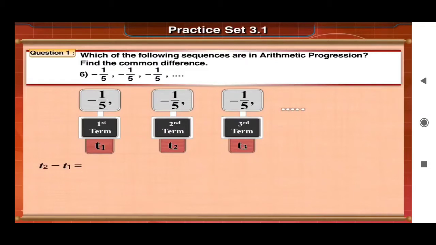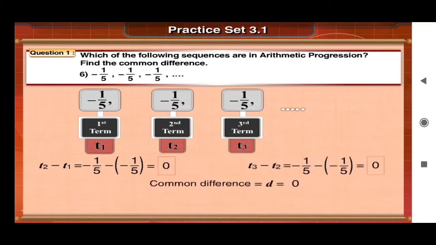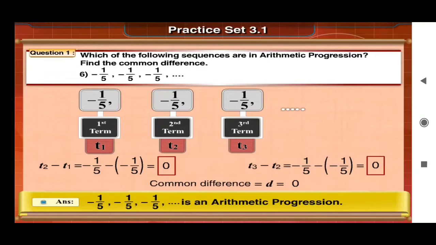T2 minus T1 is equal to minus 1 upon 5 minus minus 1 upon 5, that is equal to 0. As all the terms are the same, the difference of the subsequent terms will be 0. Therefore, the sequence is an arithmetic progression.